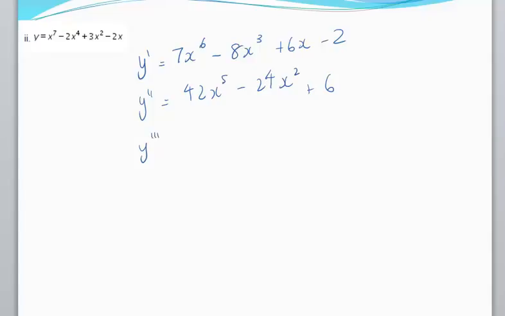Our third derivative, we end up with 210x to the power of 4 minus 48x, and our fourth derivative, we end up with 840x to the power of 3 minus 48.